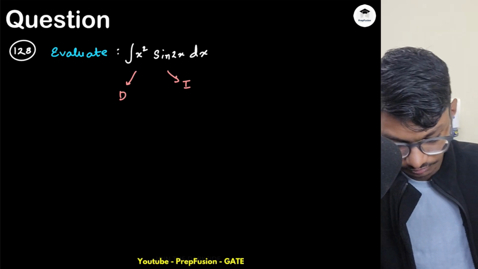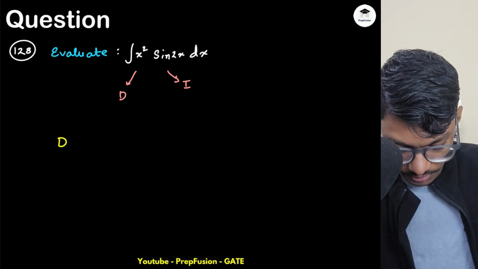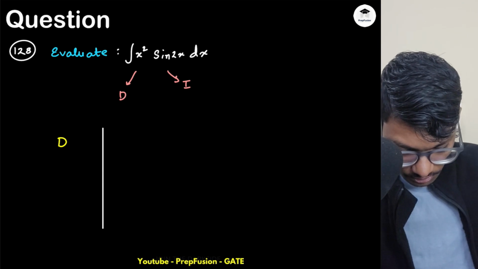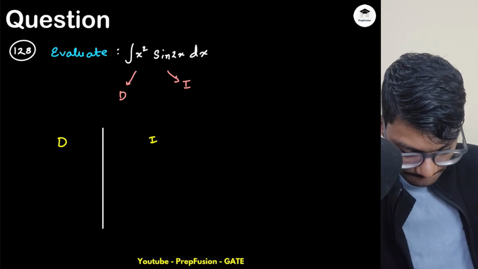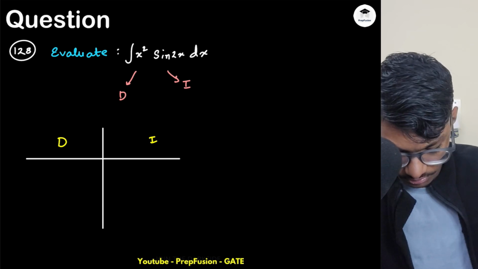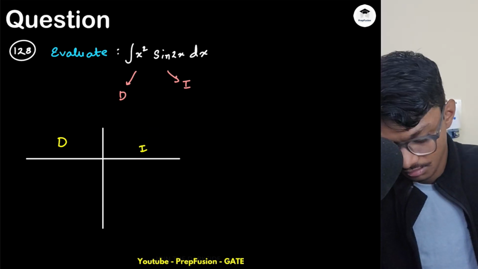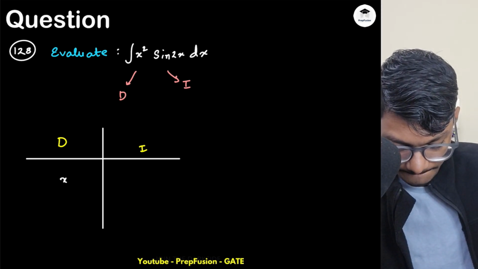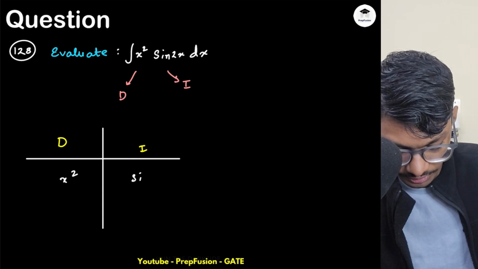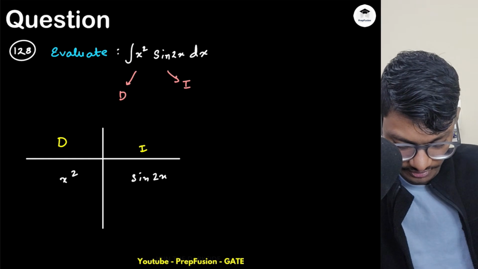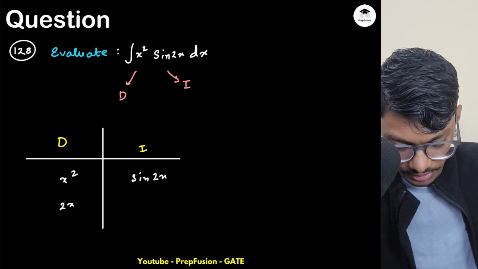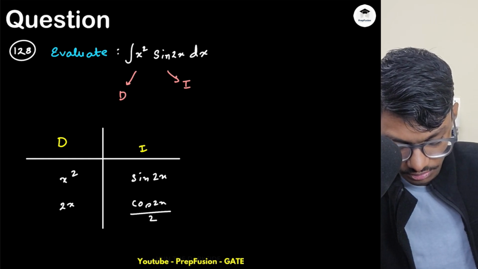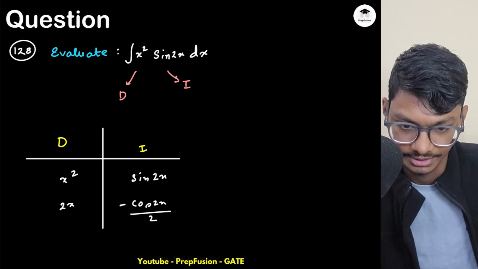Okay, so basically my D and I is this. So obviously you write x square over here and you write sine 2x over here. Now you slowly differentiate, so this will become 2x, this will become, if I integrate this, cos 2x by 2, and also there will be some minus sign with it.